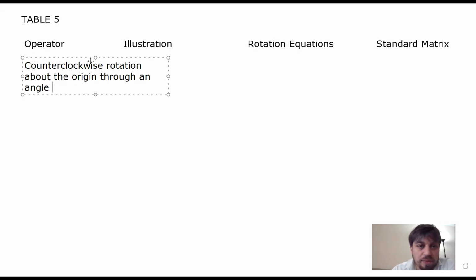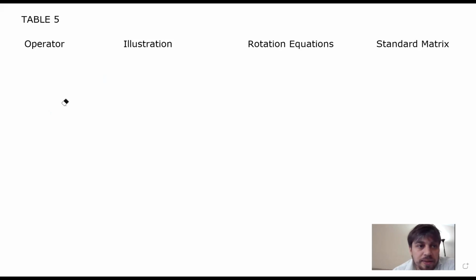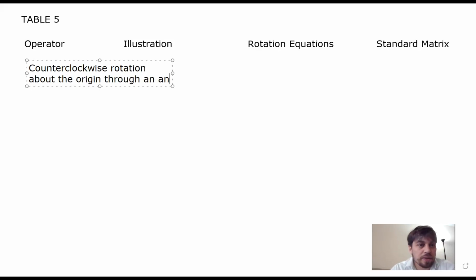I'm going to write the symbol for theta instead of the word theta. Counterclockwise rotation about the origin through an angle of theta.